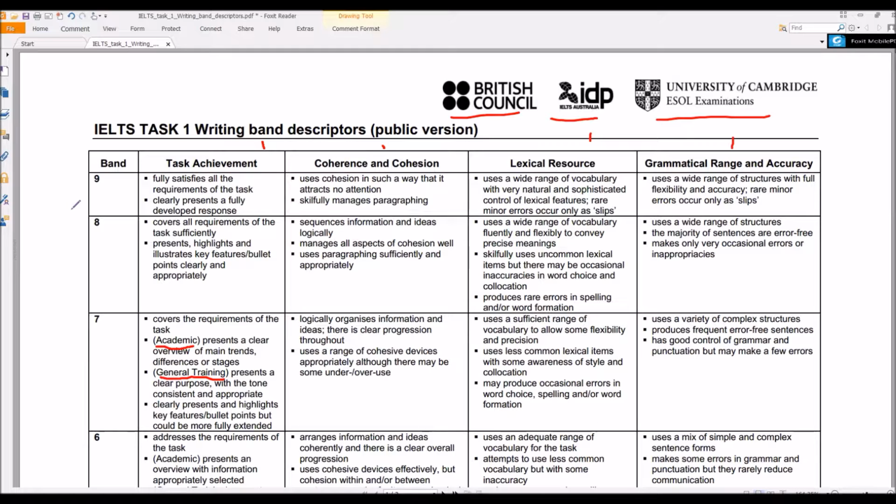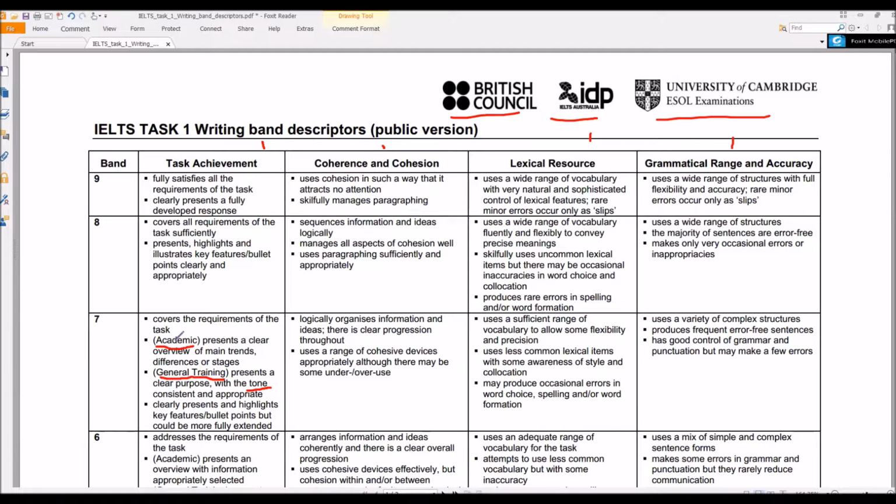But for the general training, because you're writing a letter, you have to have a clear purpose of why you are writing, who you're writing to, and the tone. In other words, how formal or informal it is, depending on whether it's a formal letter or an informal letter to a friend. So what we're going to have a look at now is the academic one.